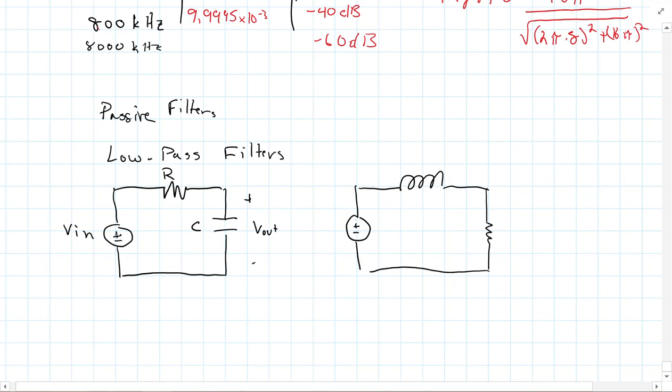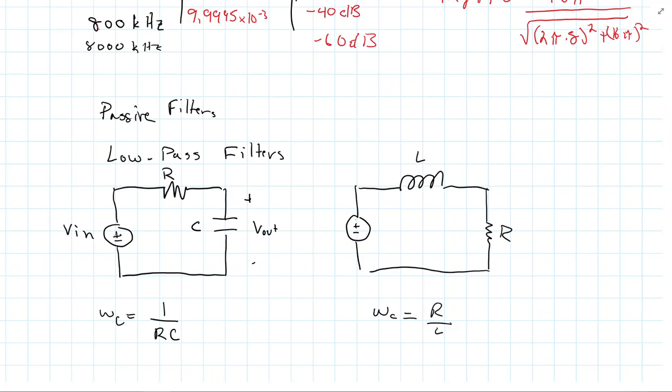And this is L, R. And then we have that the cutoff frequency for this particular filter was 1 over RC. And then this one had a cutoff frequency of R over L.